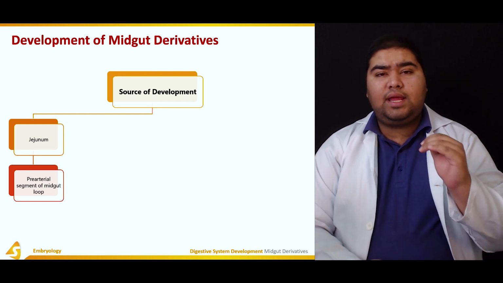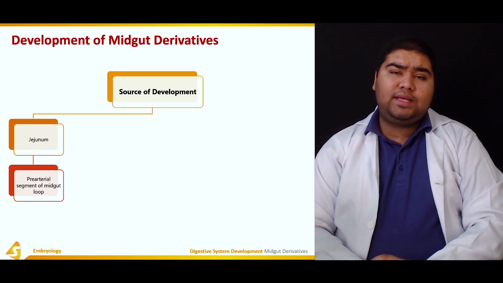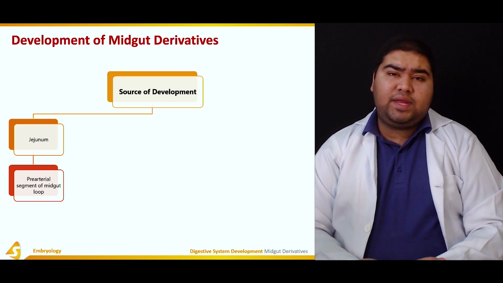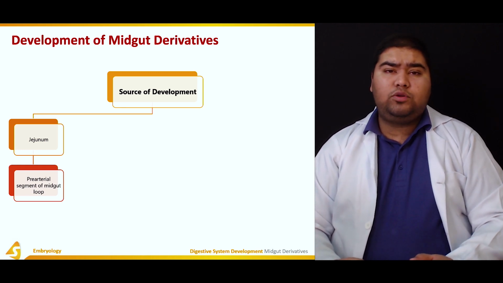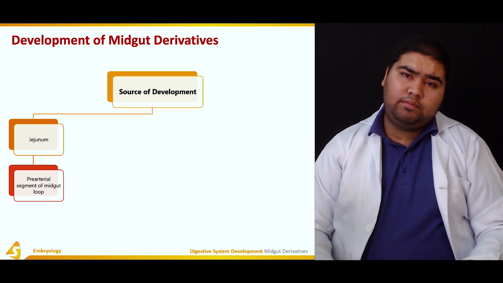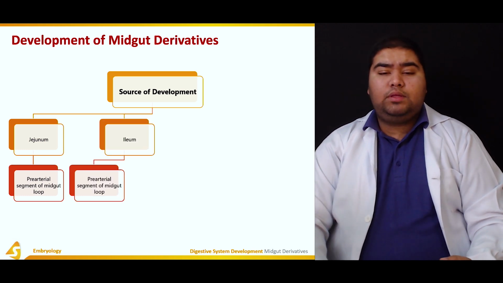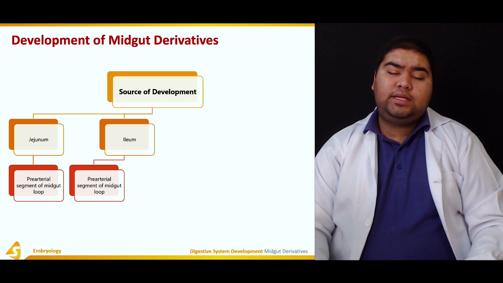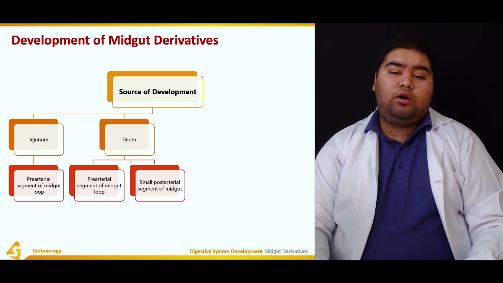The portion cranial to the attachment or the supply of the superior mesenteric artery is the pre-arterial segment, and the segment distal to the supply of the superior mesenteric artery is the post-arterial segment of the midgut loop. Now, the ileum is derived from the pre-arterial segment of the midgut loop and a small post-arterial segment of the midgut.